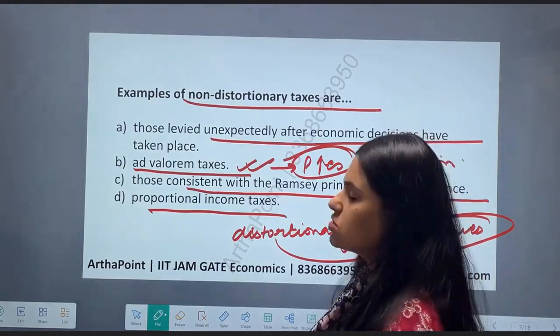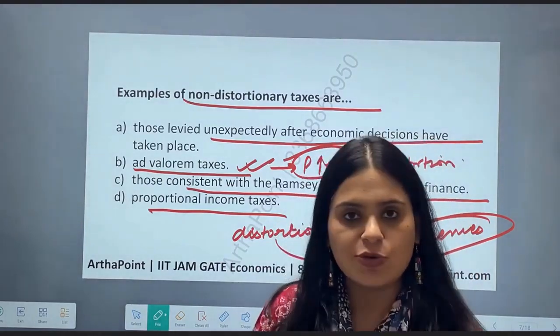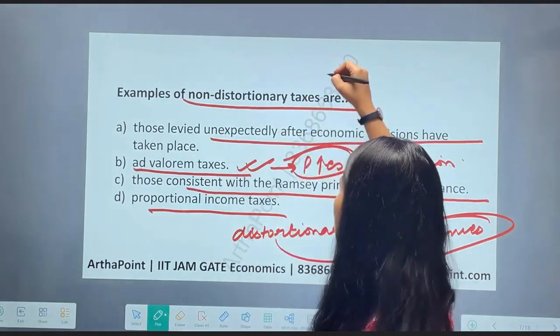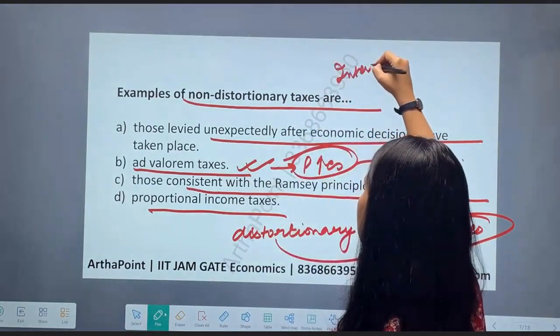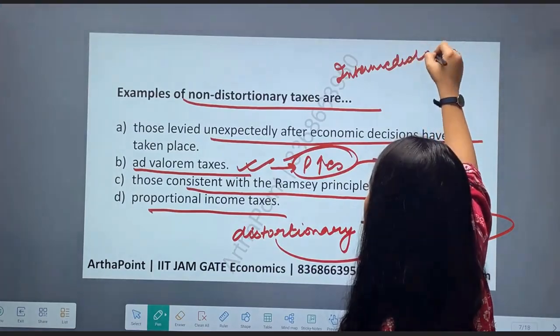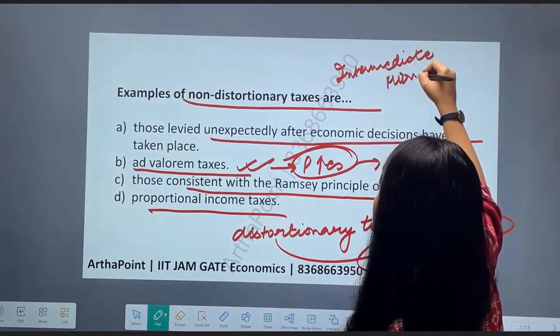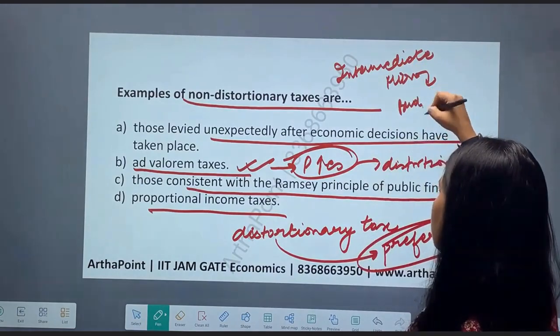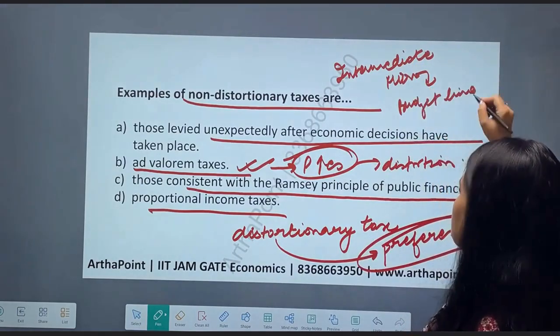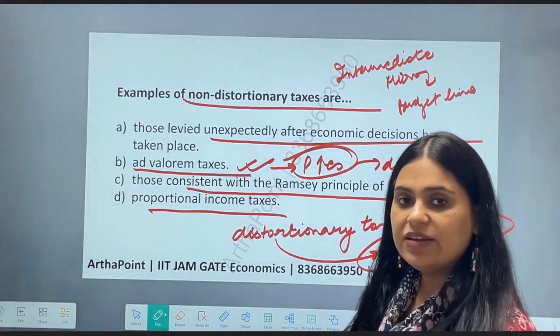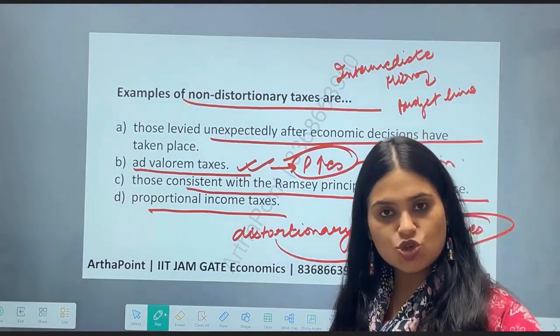For students who have enrolled in our program, beta, if you go to your intermediate micro, there is this chapter called budget line. And below that you will find preferences, choice.